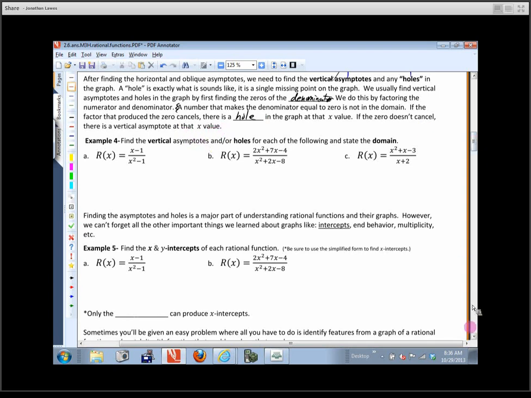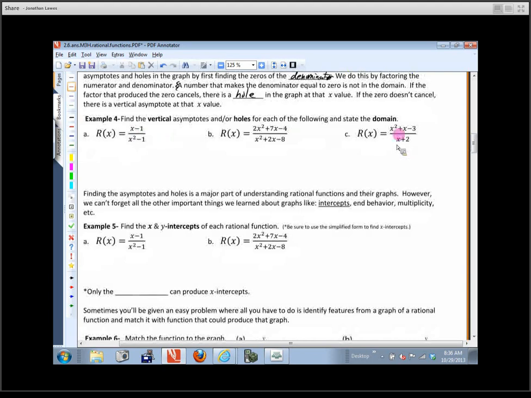So same type of problems right here as we had above. In fact, I think some of these are exact repeats. Here's what we do here. If you want to find the domain, you want to figure out where the denominator equals 0. So in order to do that, make sure the numerator is factored. It is. And make sure the denominator is factored. Is the denominator factored?